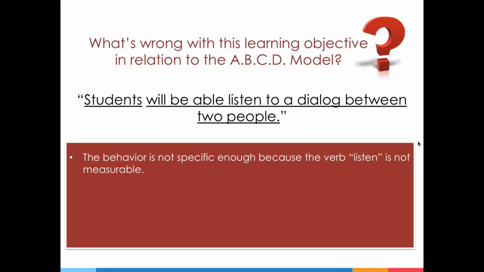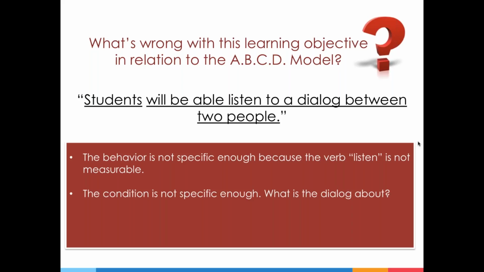Well, first, the behavior is not specific enough because the verb to listen is not measurable. So we need more information packed into the verb, listen. We need more information to be able to tell what this listening activity is trying to do. The condition is not specific enough. What is the dialogue about? Why is this listening activity important?